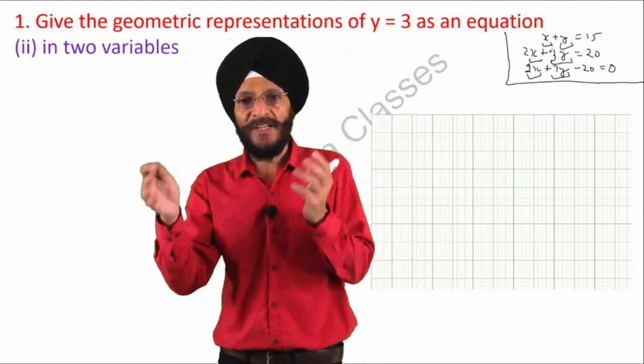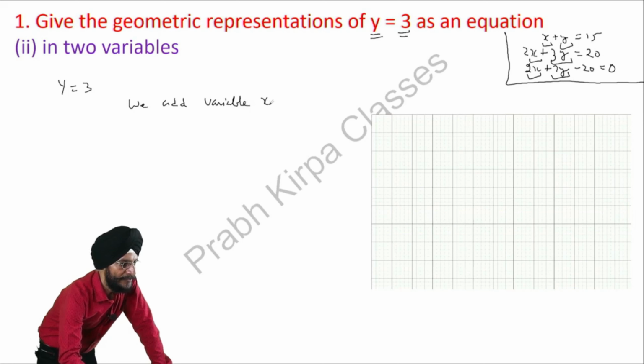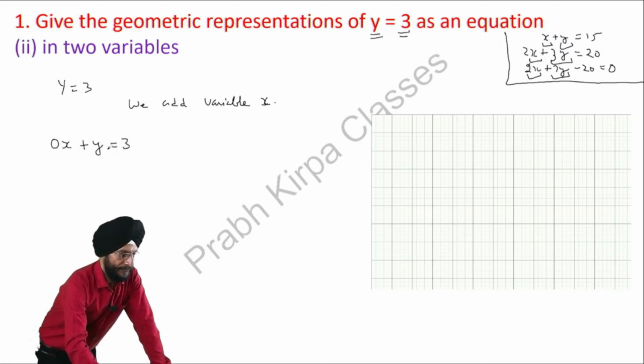So here we will have to add the variable. What is given? y is equal to 3. So we add variable x. How will we add? We will write 0x plus y is equal to 3.